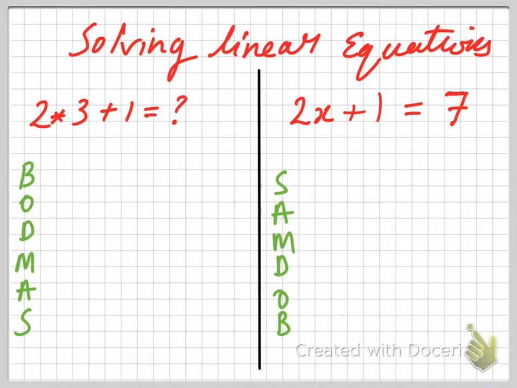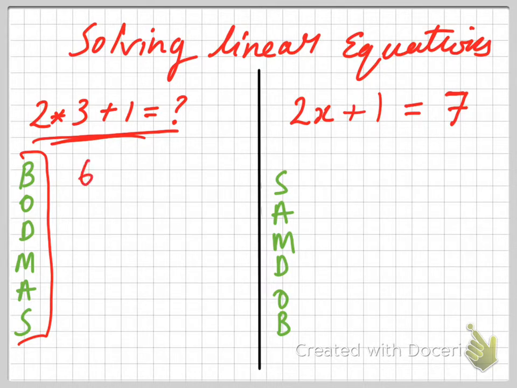And if we were to apply BODMAS on the left side to solve the problem, we would apply multiplication first, which would be 6 plus 1, and then eventually we would work out that 6 plus 1 is equal to 7.